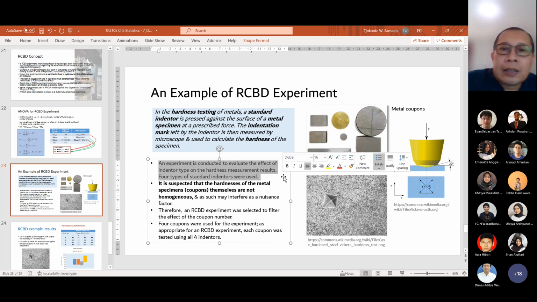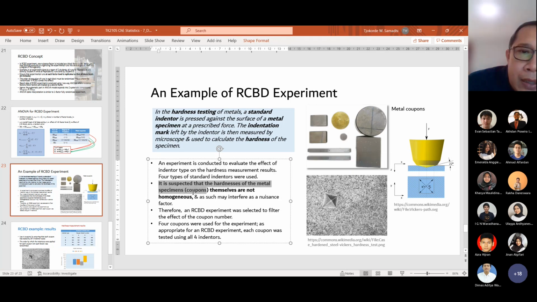Okay. Now, the problem that we're facing is typed in bold here. It is suspected that the hardnesses of the metal specimens, sometimes if they take the form of thin sections of metal, we call them coupons. So we suspect that the hardness of the metal themselves are not homogeneous.